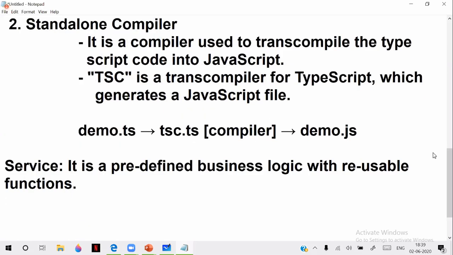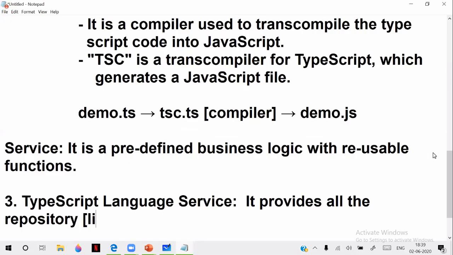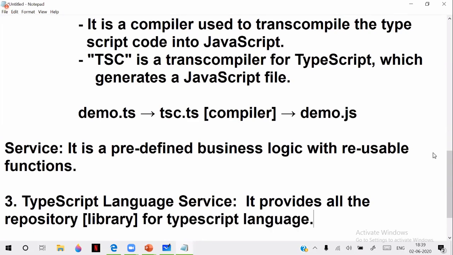So here, what is a language service? We have the TypeScript language service. It provides all the repository. Repository is the library. It provides all the library for the TypeScript language.